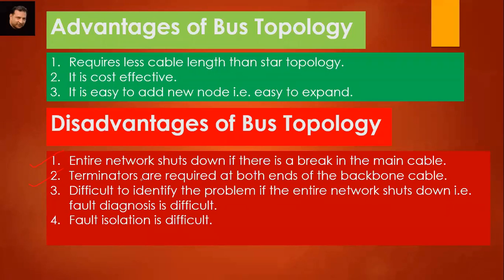Third, it is difficult to find out the problem if the entire network shuts down. That is, fault diagnosis is difficult. Once you have found a faulty node, then fault isolation is also difficult. This is another disadvantage.